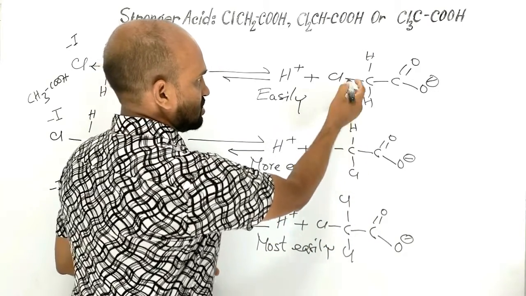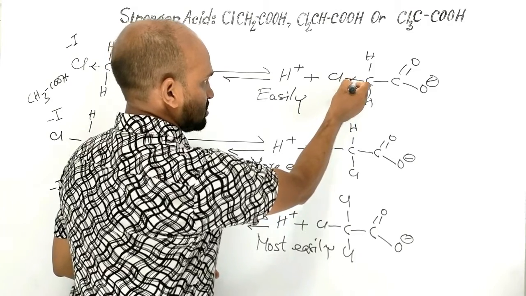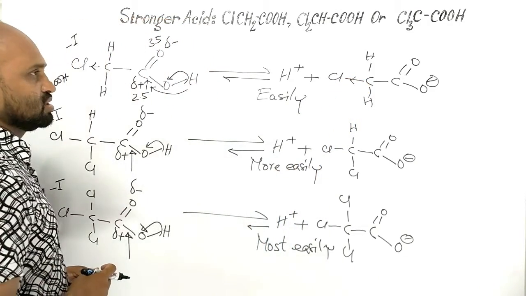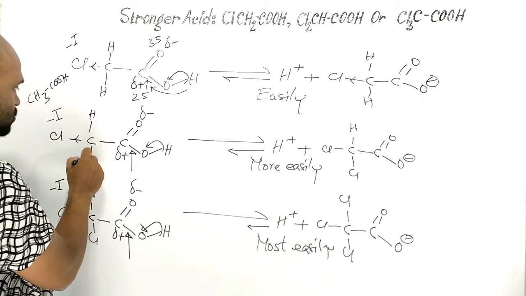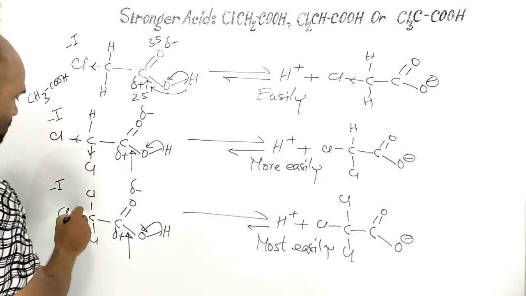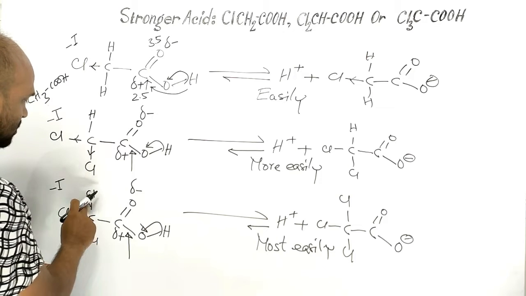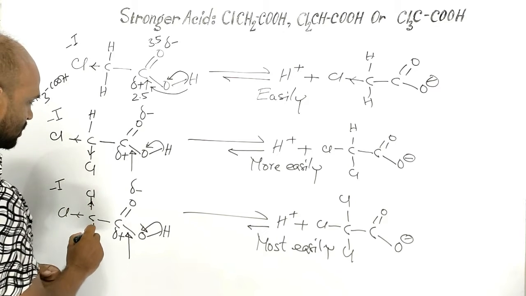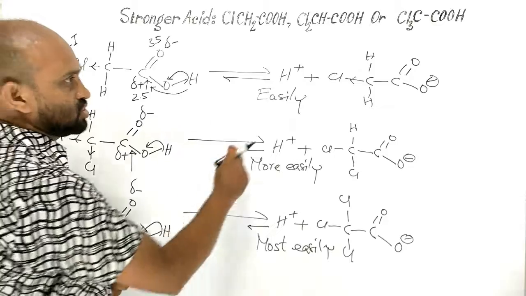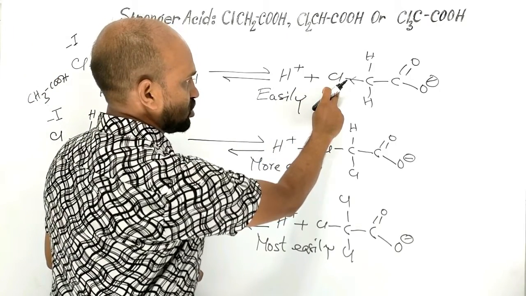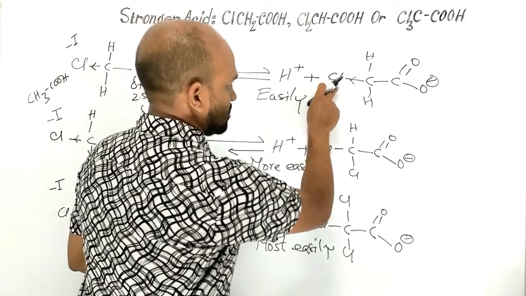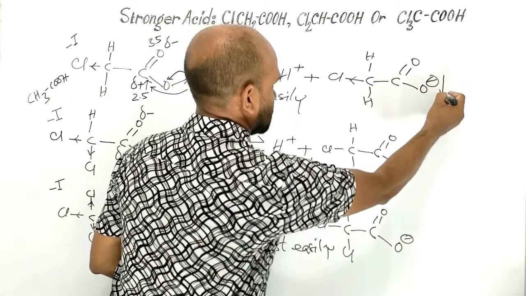In this case it acts as an electron withdrawing atom. Here electron withdrawing atoms, this is 2 atoms, here 3 atoms. So in this case only 1 electron withdrawing atom is present, which disperses this negative charge.